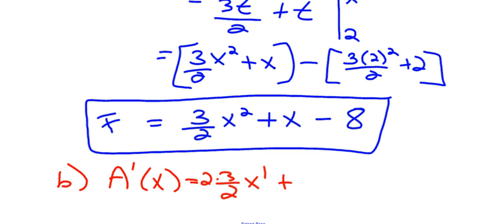And the derivative of x is 1, and the derivative of -8 is 0. So from here, it simplifies into 3x plus 1, and the original function was 3t plus 1. So this is the same as the original function.